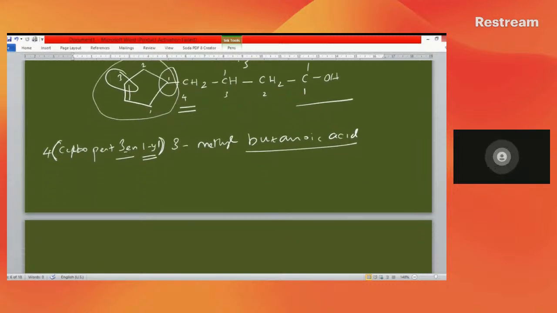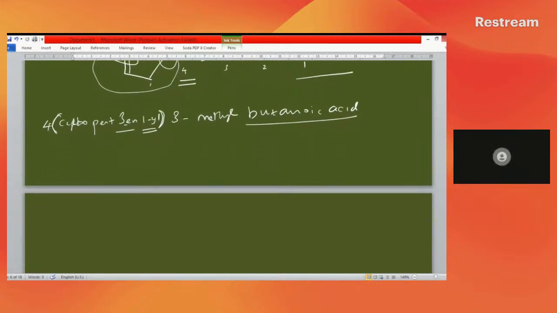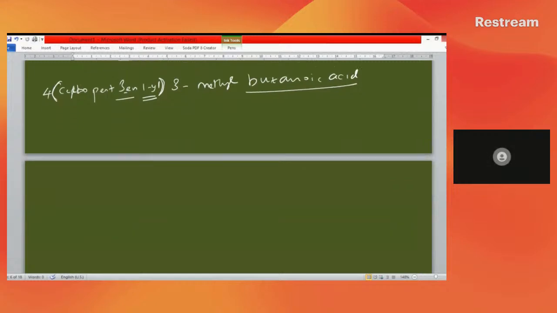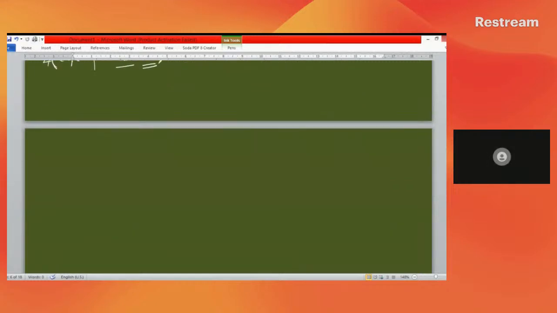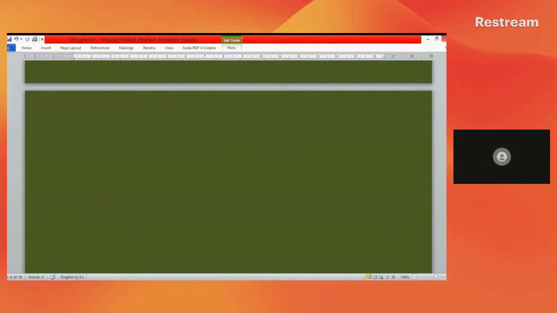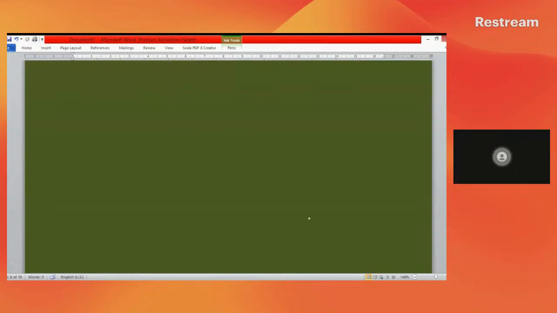Yes, now you see the other one here. The other row we can highlight.